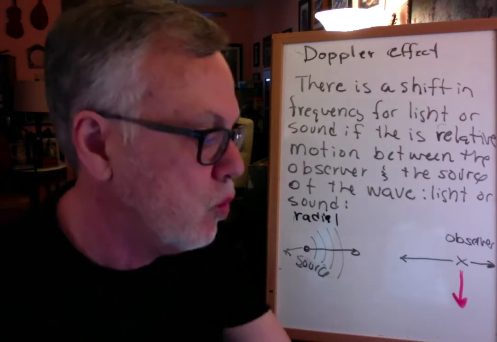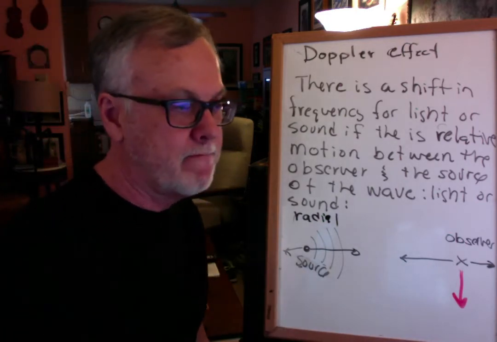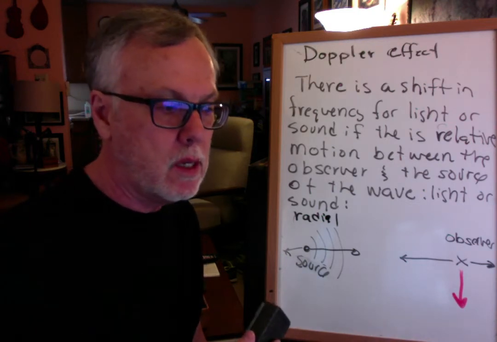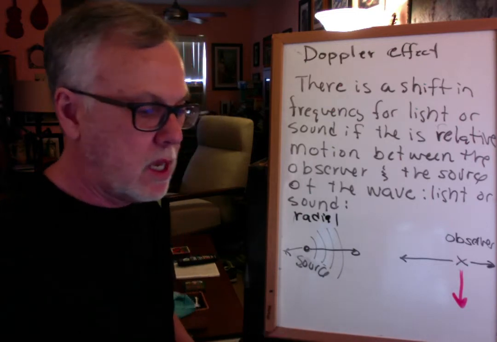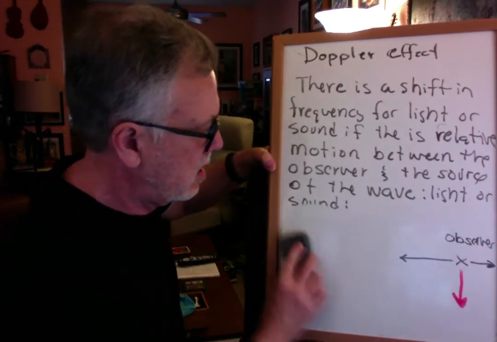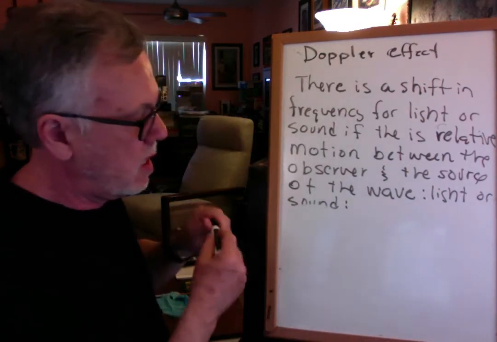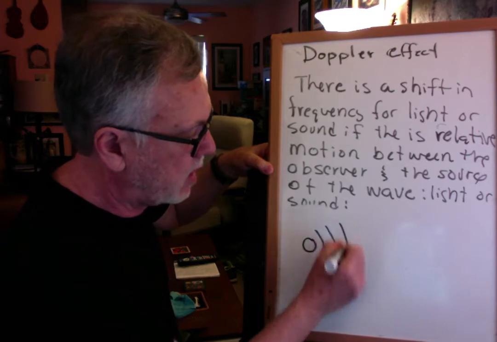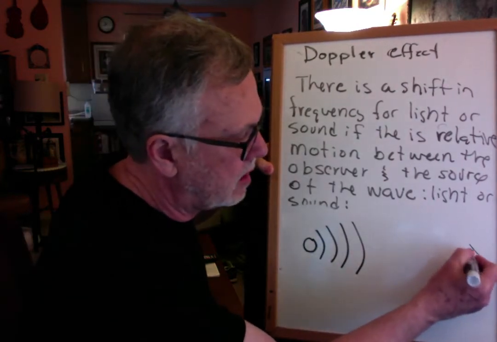Now, when we think about sound waves, there's a shift in frequency. And so what is that shift? And so let's say that you have maybe an ambulance or a fire truck, and you have the sound waves coming at you, and I am out here looking at it and hearing it.